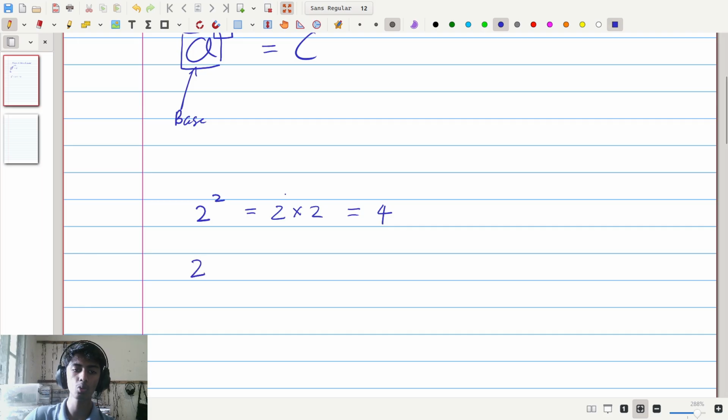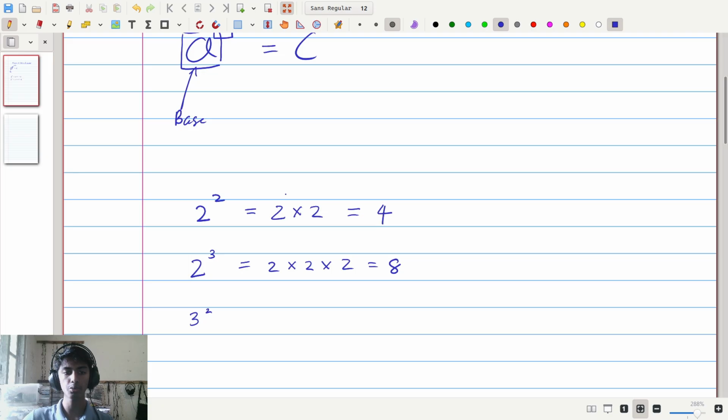If I say 2 cubed, for integer powers it's very easy to understand. 2 cubed is telling you to multiply 2 by itself 3 times. So we have 2 times 2 times 2, which gives us 4 times 2, which gives us 8.